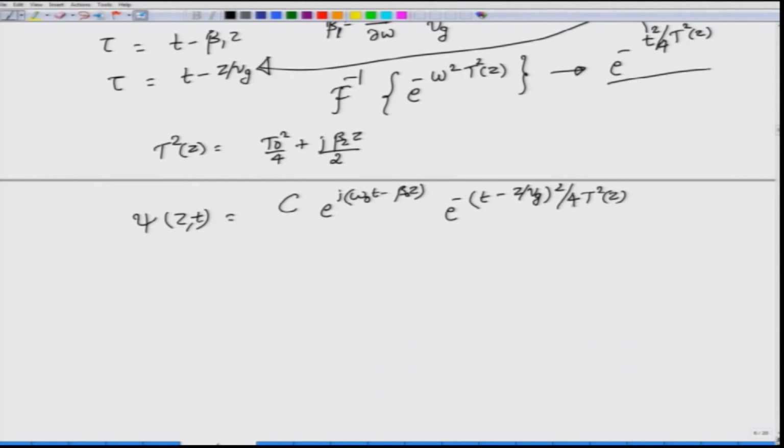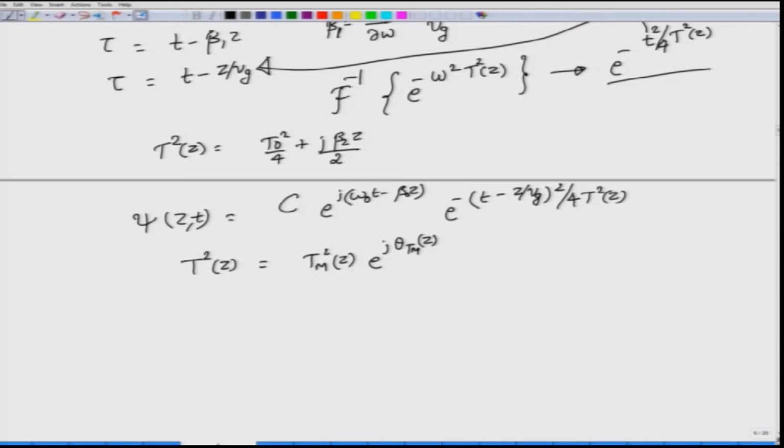Forget about this factor of 4 here. The point here is the pulse width has now become a function of z. In fact, because t square z is this number, you can write this one in terms of its magnitude, call this Tm square of z, and you can also write this angle. Okay. So, this would be the angle theta Tm of z. Again, this is a function of z because you are evaluating at different values of z, but if you fix the value of z, this is all going to be constant.